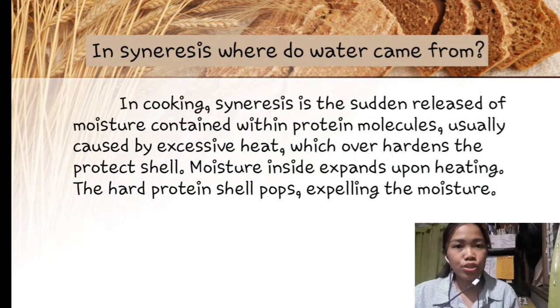In syneresis, where does the water come from? In cooking, syneresis is a sudden release of moisture contained within the protein molecules, usually caused by excessive heat, which overhardens the protective shell. Moisture inside expands upon heating, the hard protein shell pops, expelling the moisture.